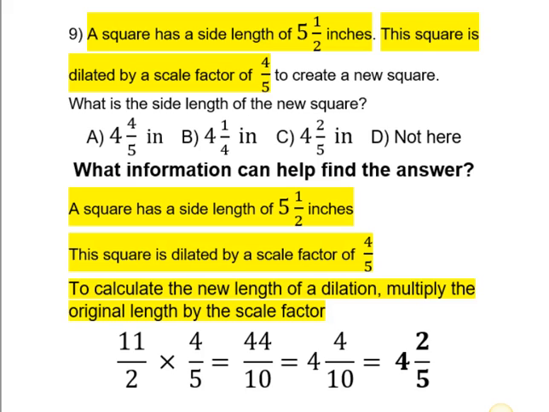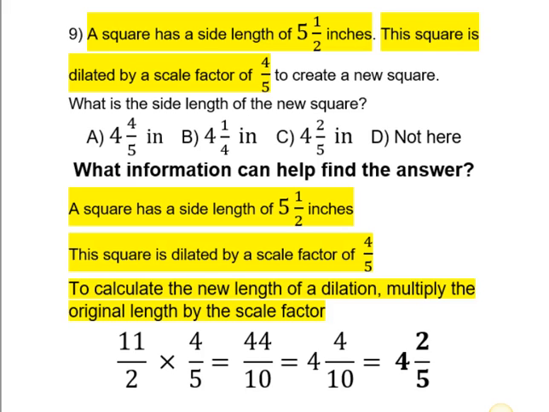We change the 5.5 inches into an improper fraction so that we can multiply it by 4/5. So 11 halves, or 11/2, times 4/5, multiplying across our numerators, 11 times 4 is equal to 44. For our denominators, 2 times 5 is equal to 10.